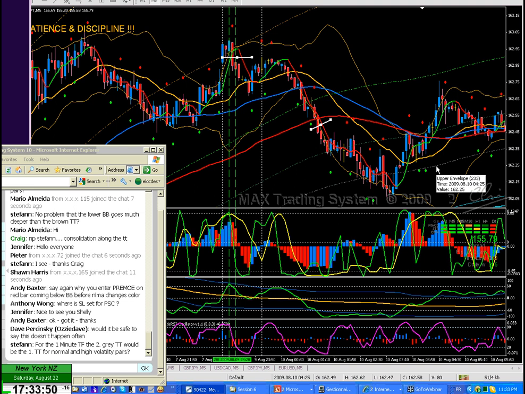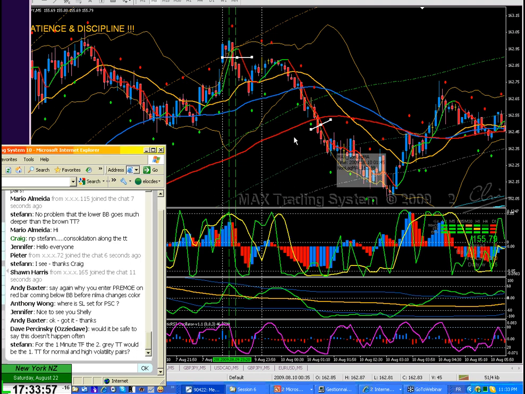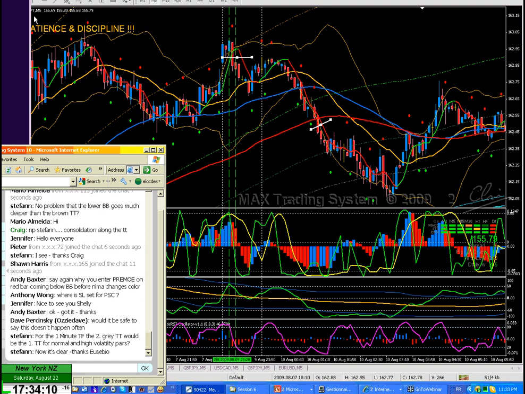Well, now to make it a little easier to catch the right moment to enter a primo, we will add a new indicator. You see here you have one non-lag moving average. We will add a second non-lag moving average.